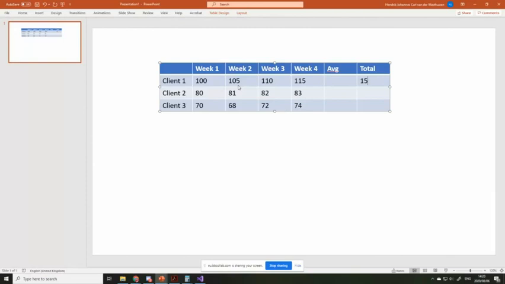How did you get to that answer? $115 minus 100, max minus min. Okay, so the person that said max minus min, what if I did the following? Week 4 minus week 1?